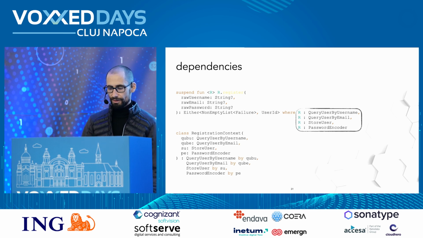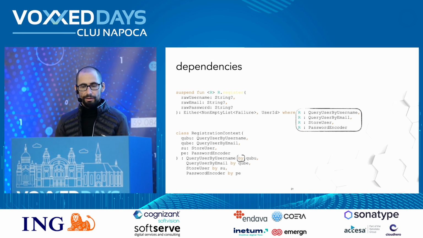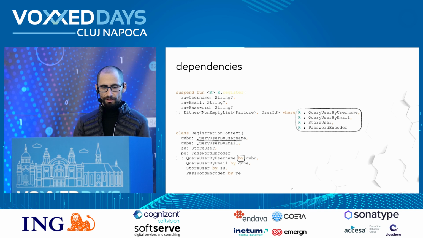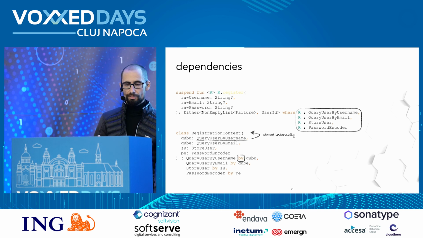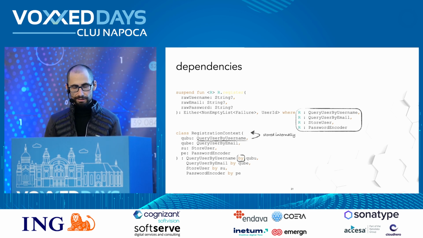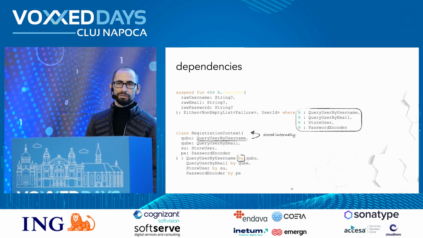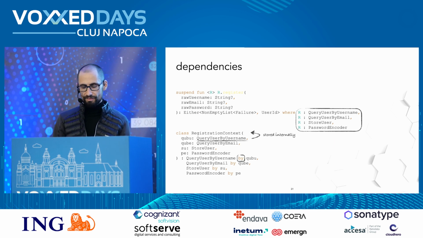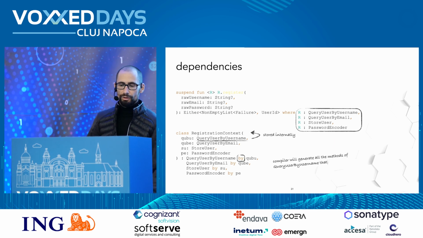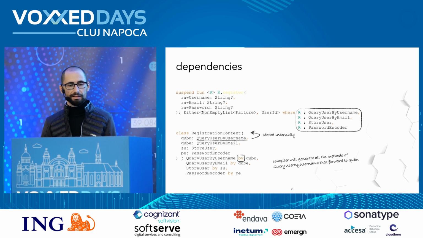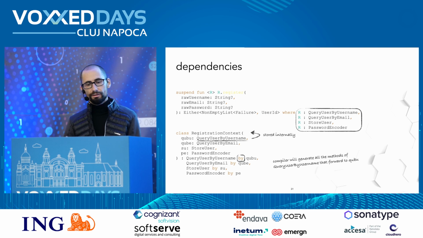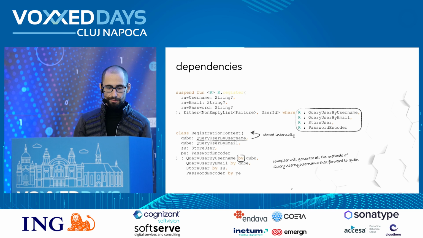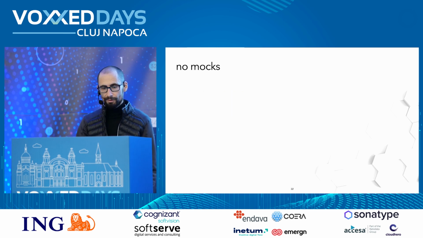You can identify that by the by keyword. For each of our types, we are basically storing them internally in our registration context class. But that's it, because the compiler will take care of everything else, which means it will generate all of the methods that are part of the types that we are storing internally inside the registration context, which is cool because we're going to see immediately how this helps.